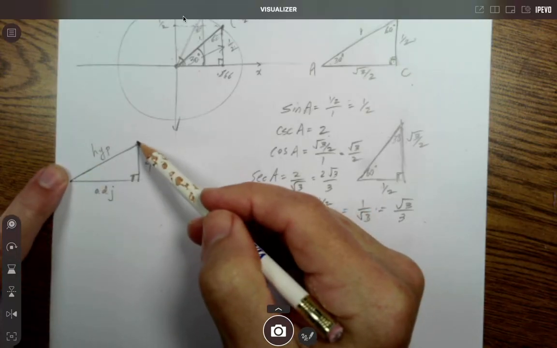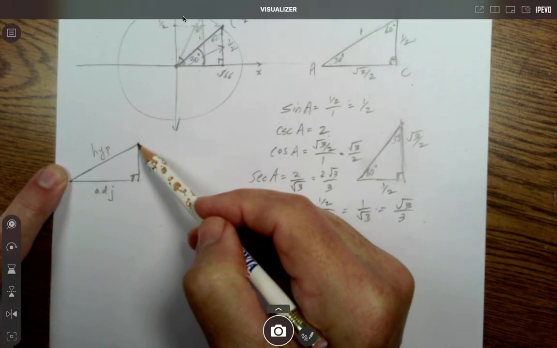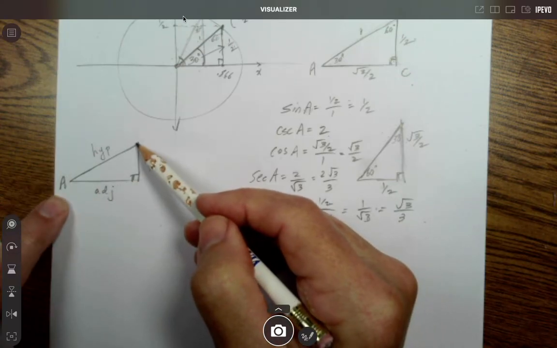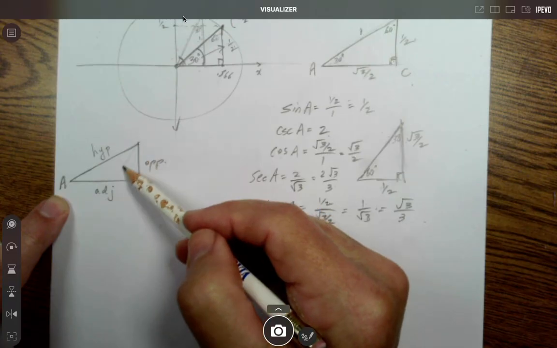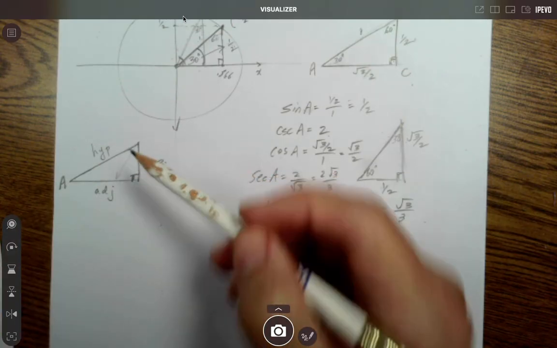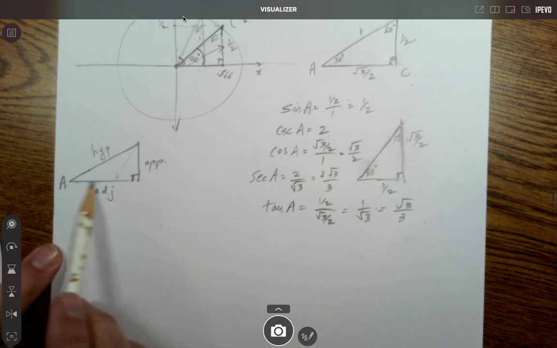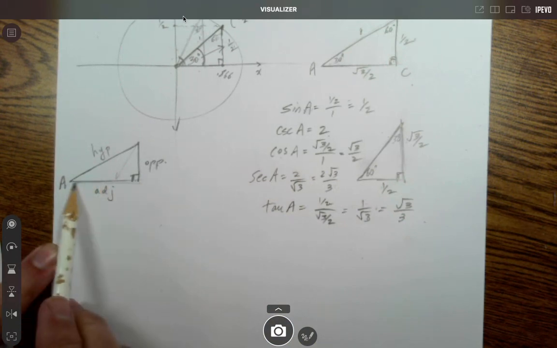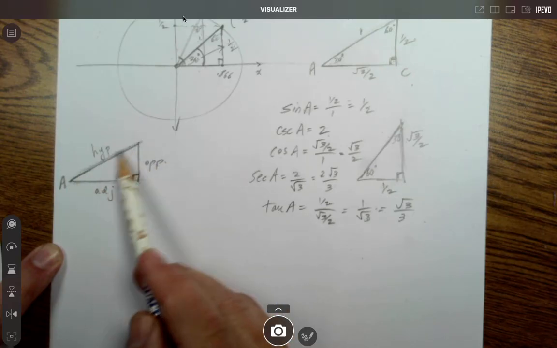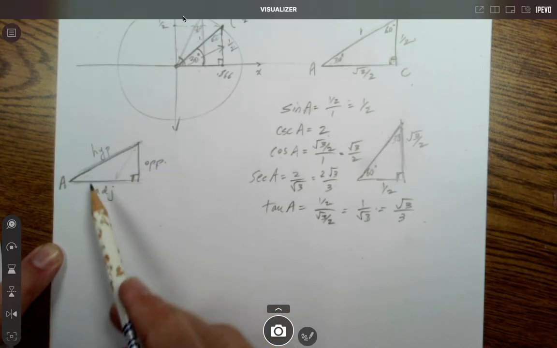If I'm referring to this angle, then this side's opposite. If I were referring to this angle up here, then these would switch. So if I were referring to this top angle, then this side would be opposite, not adjacent, and this side would be adjacent. Adjacent just means it's part of the angle itself. So the hypotenuse is always part of the angle, whichever two you use.